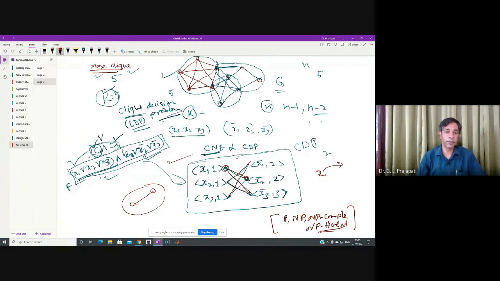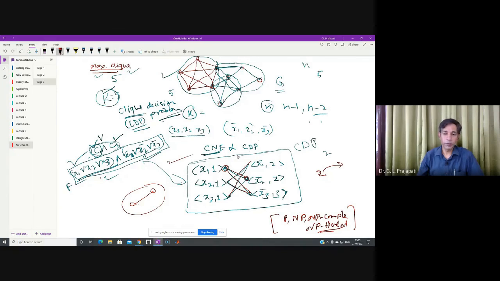You can find the details in both books. You can see the max clique problem, some non-deterministic problems for the max clique, and also the non-deterministic algorithm for the 0-1 knapsack problem.